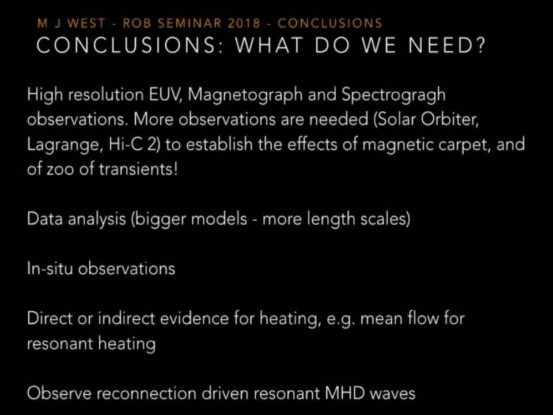But we're looking at a multitude of different length scales, and the computers aren't quite there yet to simulate the total solar atmosphere on all different temperature, density, and length scales. So we need to improve our computing power and improve our models to help us understand what's going on.